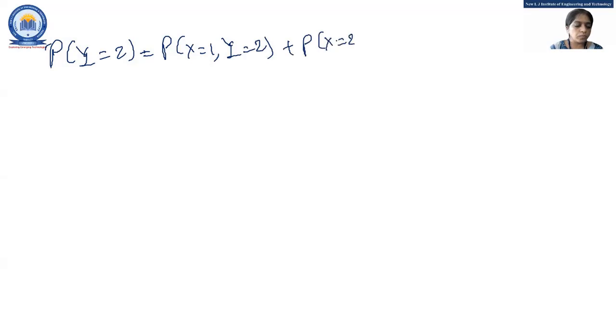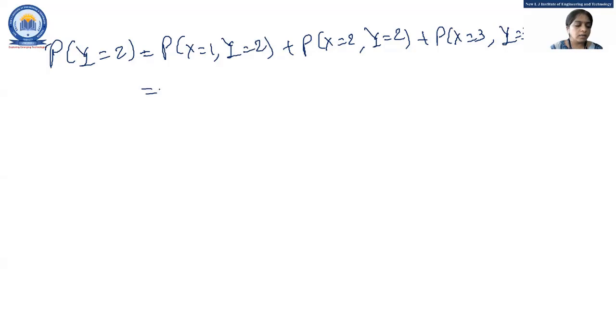The last marginal distribution of y equal to 2, and that is probability of x1, y2, x2, y2, and last one, x3, y2.